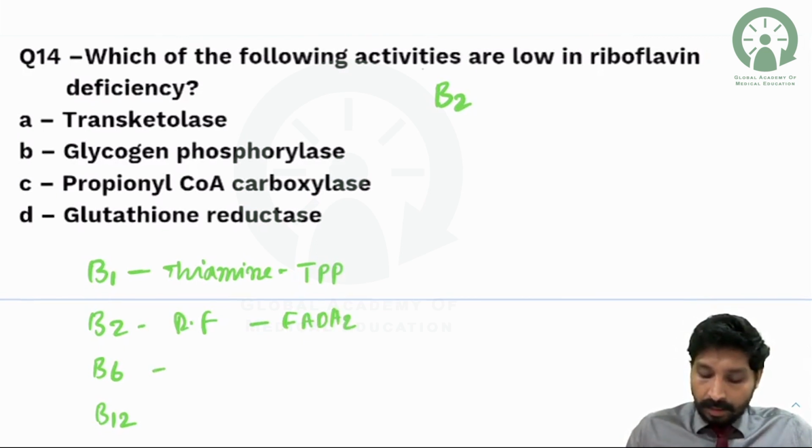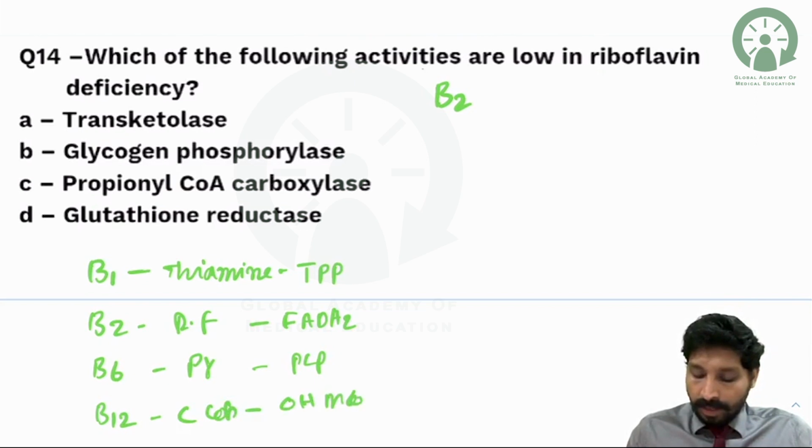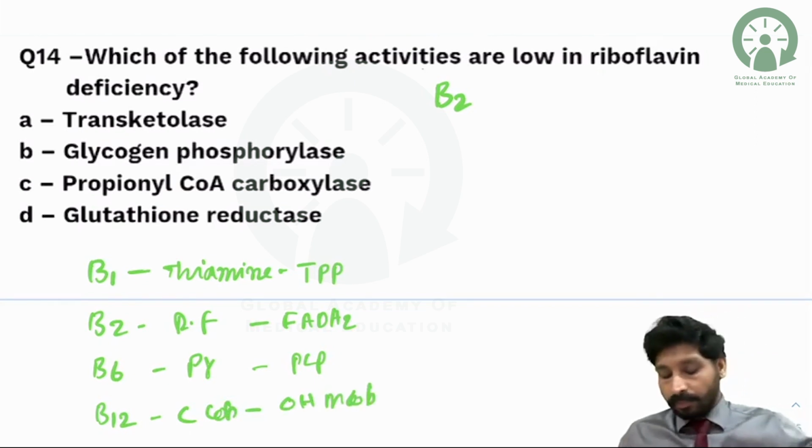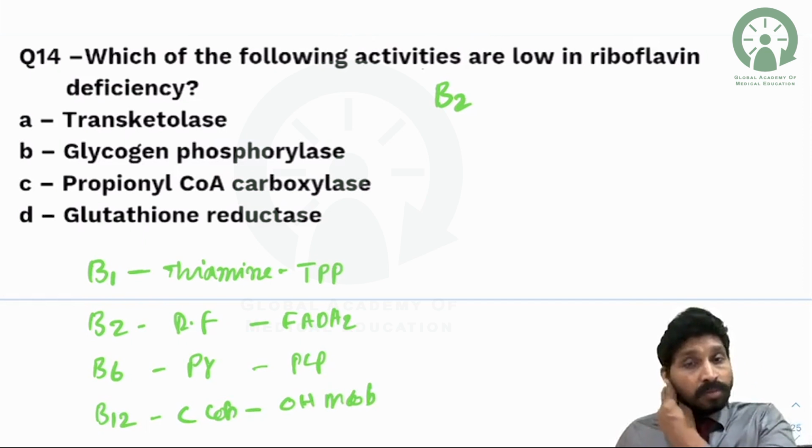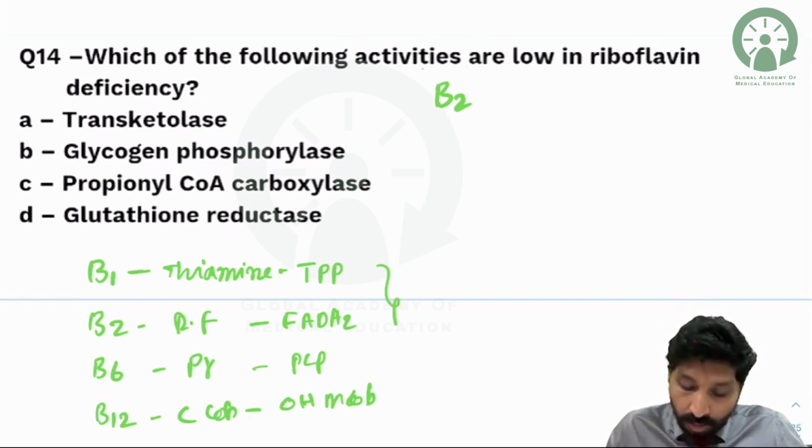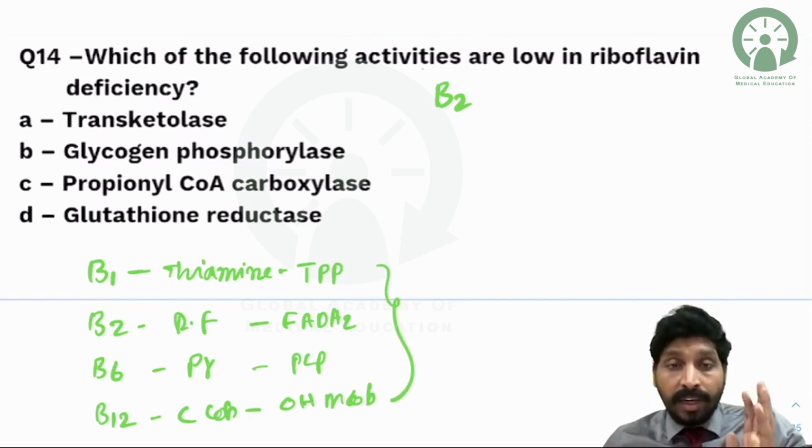B6 is pyridoxal, PLP is this one. B12 is cyanocobalamin, and hydroxycobalamin or methylcobalamin are the coenzyme forms. So these coenzyme forms are required for some of the enzyme activities.